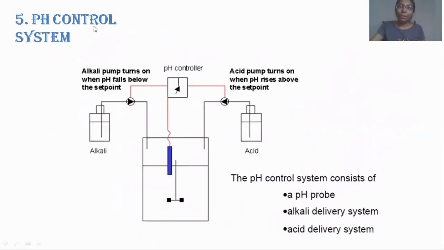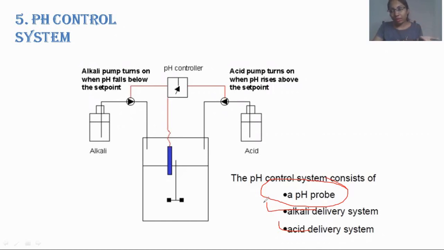Then you have the pH control system. So pH will be controlled by an alkaline delivery system and an acid delivery system. The pH probe will see what the pH of your fermented broth is, and depending on the acidic or basic conditions, it will be monitored.